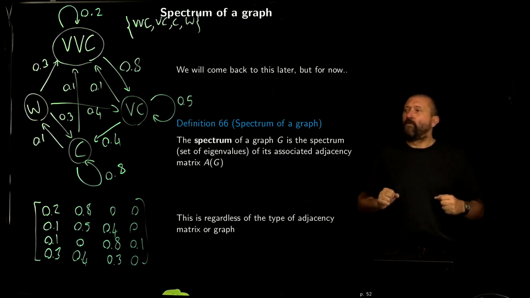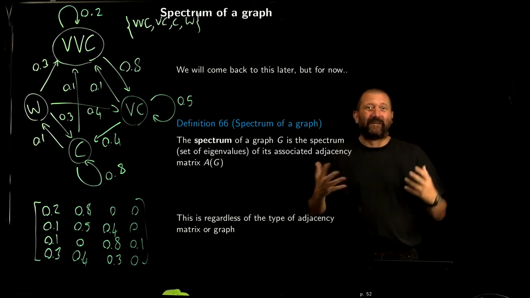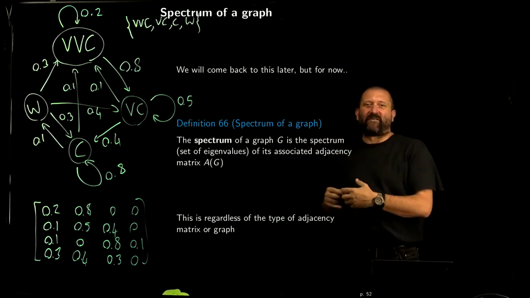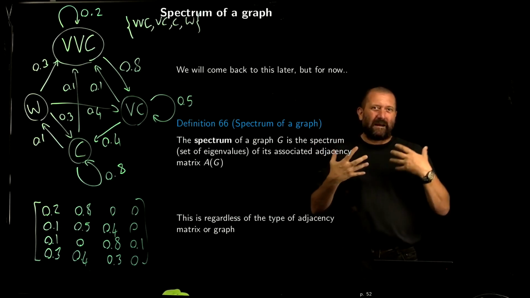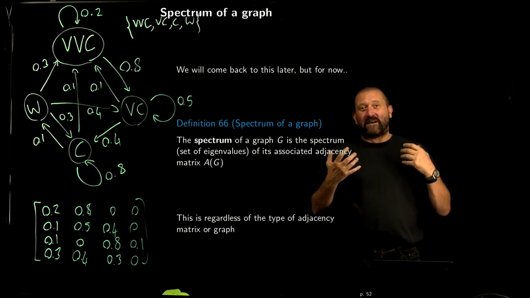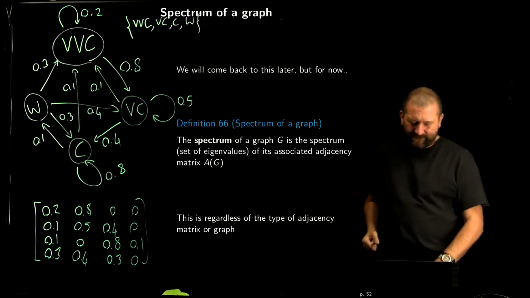So you can see the connection. The spectrum of a graph is the spectrum of the adjacency matrix. And that will have important properties in terms of characterizing properties, like some characteristics of the graph.